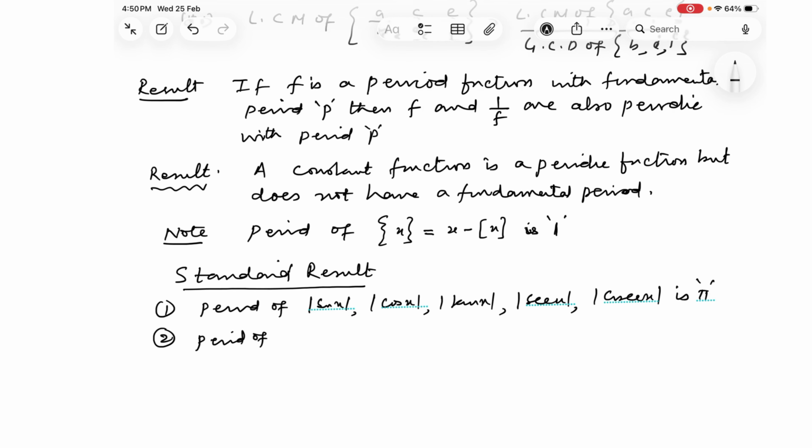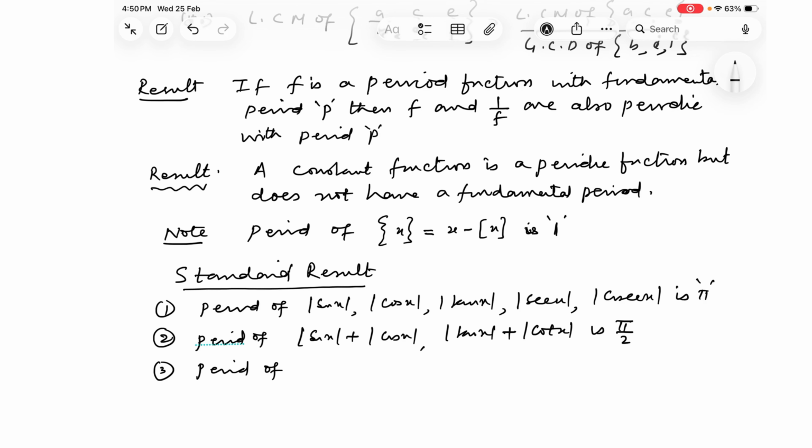Very important point. Second one, the period of mod sin x plus mod cos x, mod tan x plus mod cot x is always pi by 2.